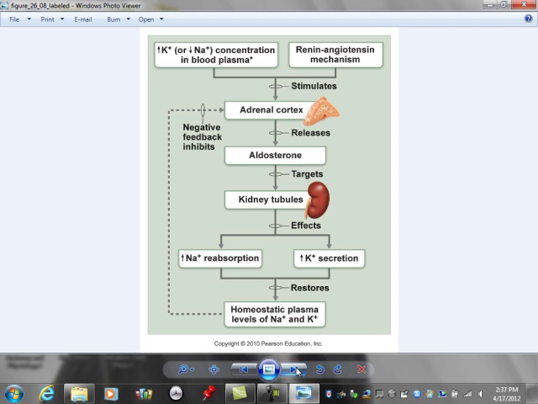So when I say hypernatremia, you're going to know that it's what? Too much what? Why am I calling it natremia? Oh, chemistry people in the classroom. What is the atomic symbol for sodium? Na. Why is it Na? Yeah, some Latin or Greek or one of those things. Natrium is sodium. Okay?